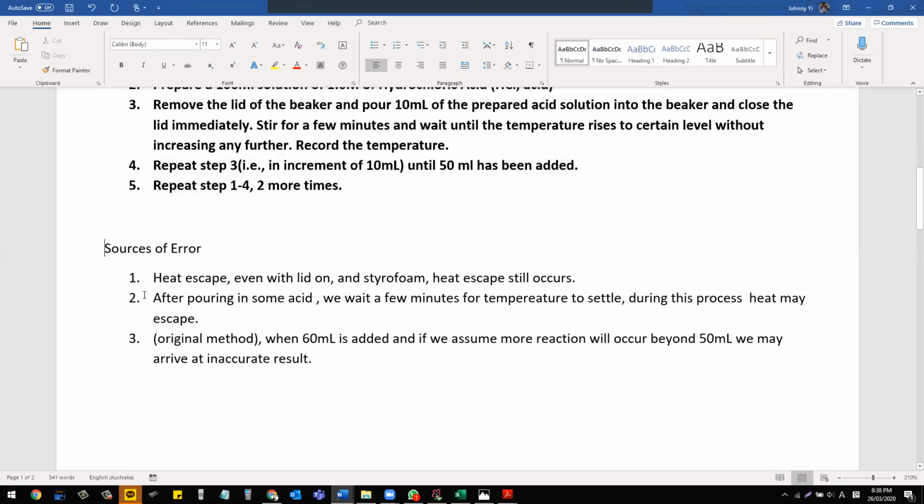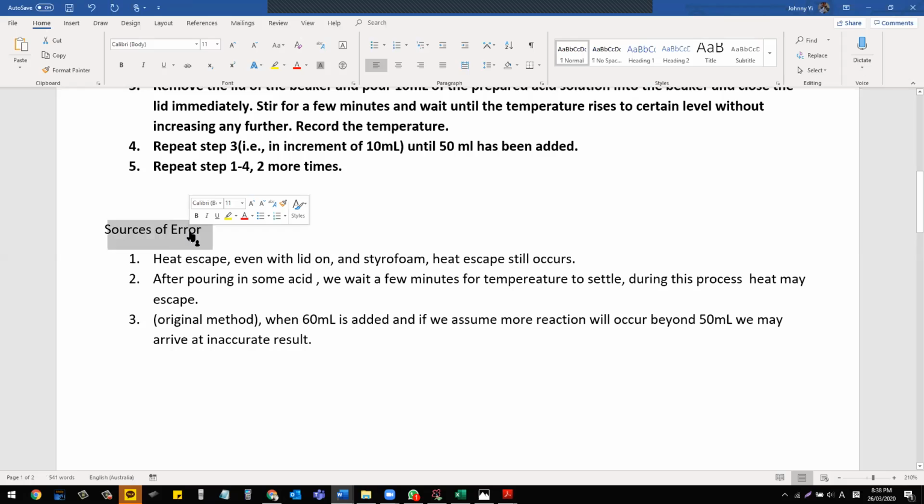Sources of error, of course: heat could escape. Even with the lid on and styrofoam, heat escape still occurs. And after pouring some acid, we wait a few minutes for the temperature to settle, so during this process heat may escape also.